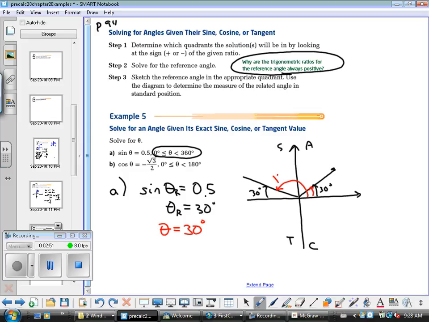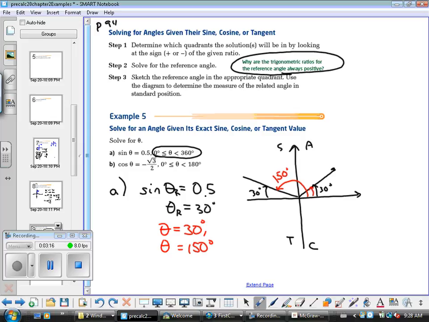You don't have to remember that. You can tell just by looking at this, those 2 angles have to add up to 180. So we have 2 solutions here: 30 and 180 minus 30, or 150. So those are our solutions.